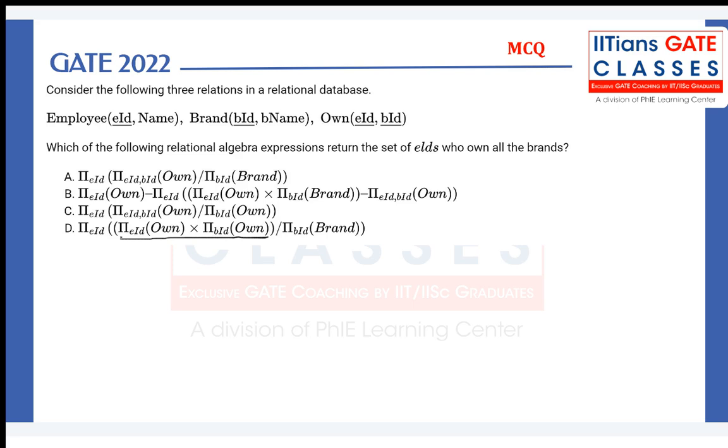If you want me to give you a hint, what does this thing do? Anyone? It's an MCQ. What does pi of BID of own do?